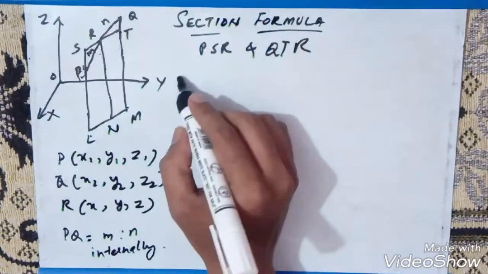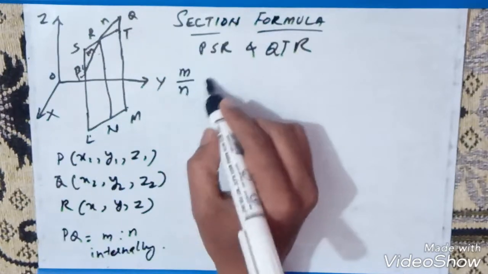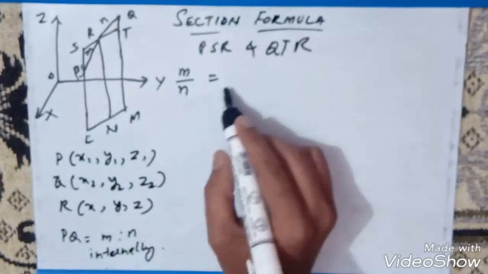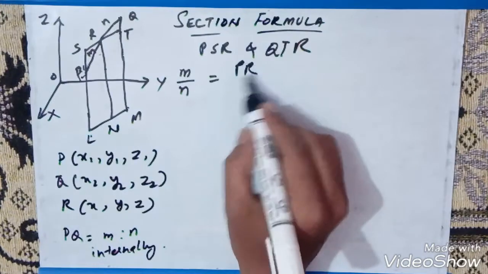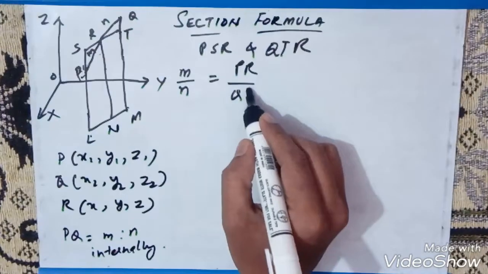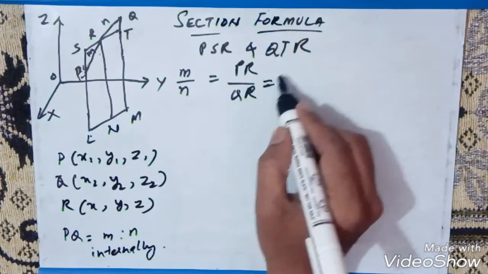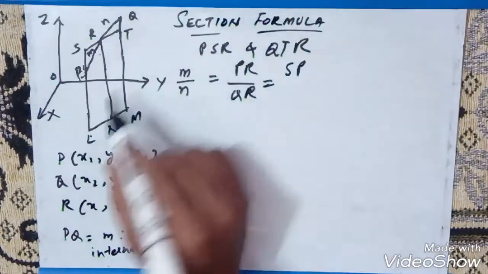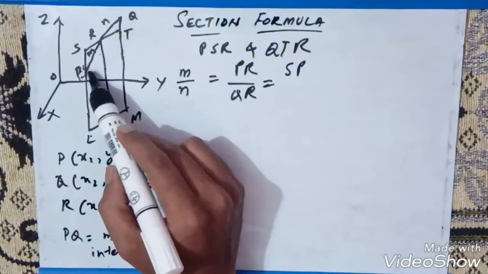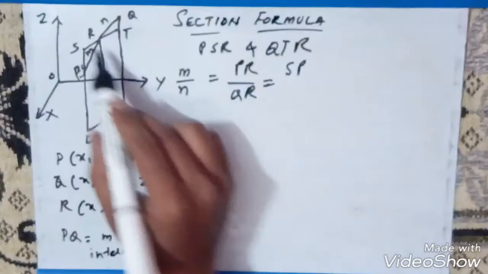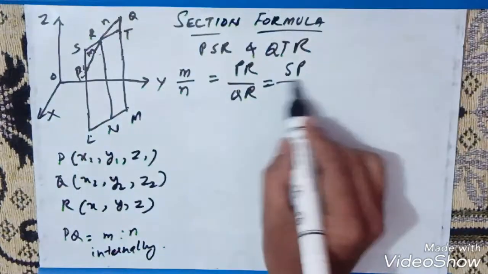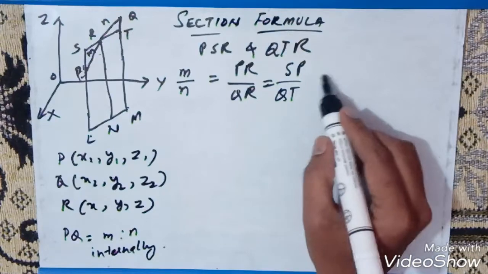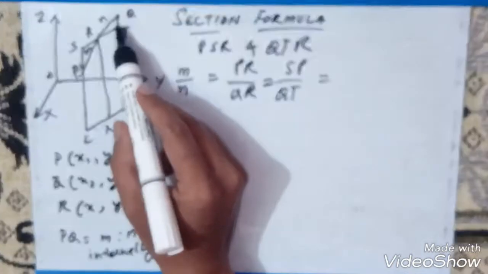If they are similar, we can take m by n equal to PR by QR. By the theorem of similar triangles, PR by QR is also equal to SP divided by QT.